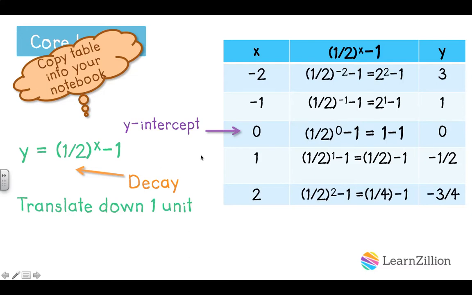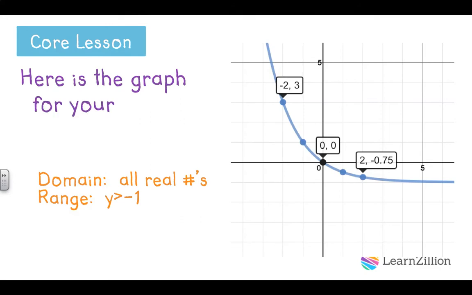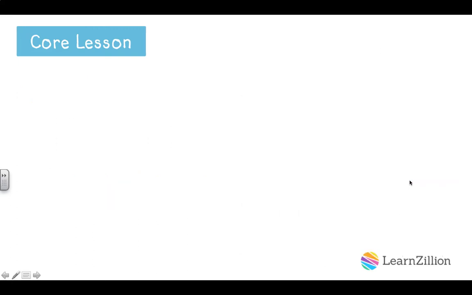So when we look at the graph, you'll be able to see that your y-intercept, instead of being 0, 1, now is 0 because it was moved down 1. So when you look at that graph, you can see that it's coming from the other direction as well. And your domain is still all real numbers, and your y is going to be greater than -1.